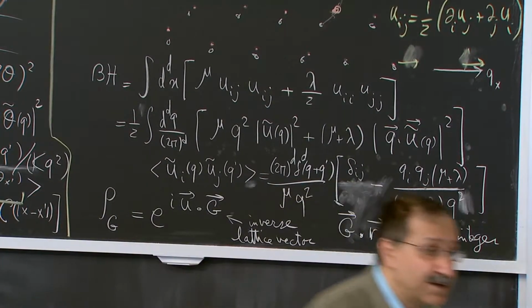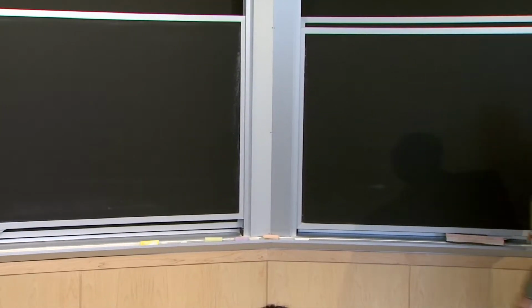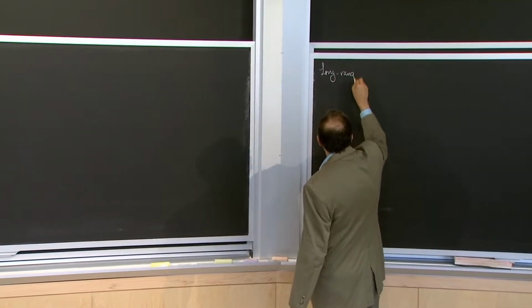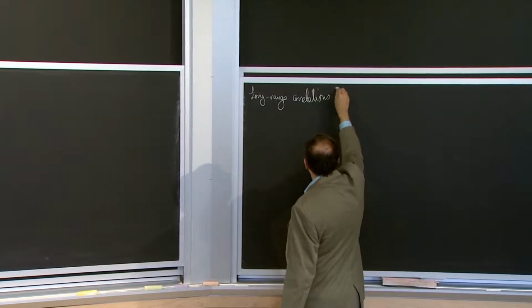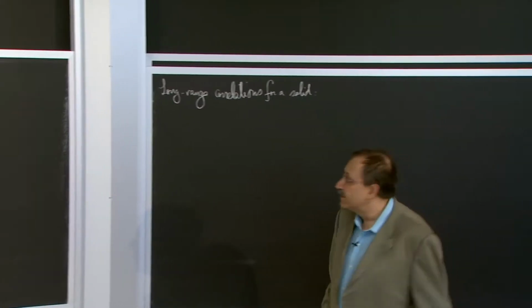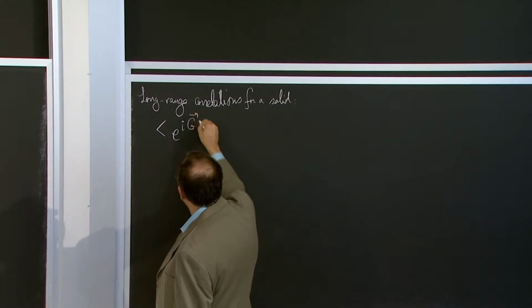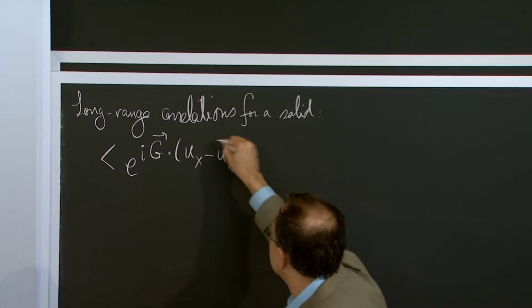In the same way as before for the spins, where I asked whether spins at large distances are correlated long range, I can do the same thing here and define long range correlations for a solid by looking at e to the i g dotted with, let's say, u at position x minus u at position x prime.